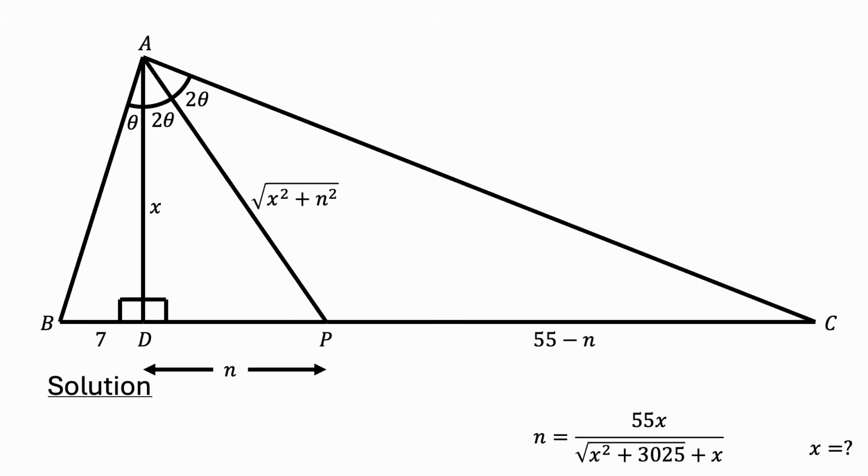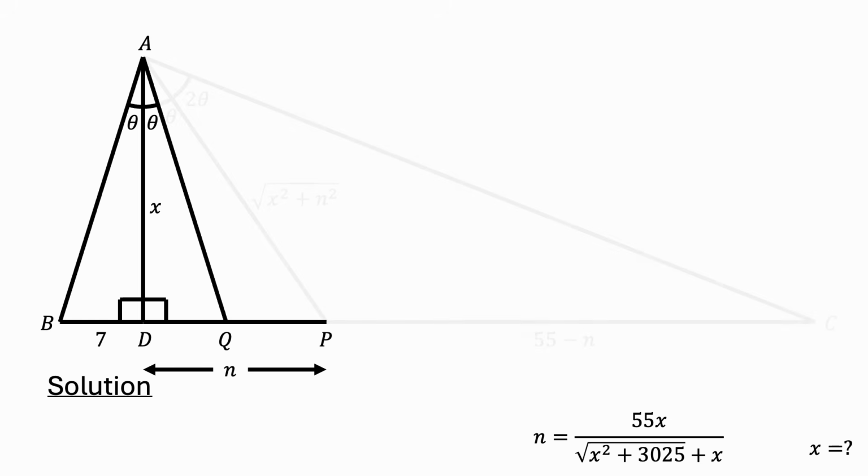Returning to the diagram, from A, draw a line meeting DC at Q such that AQ bisects angle PAD. Now, consider triangles ADB and ADQ and segment QP. We claim that triangle ADB is congruent to triangle ADQ.